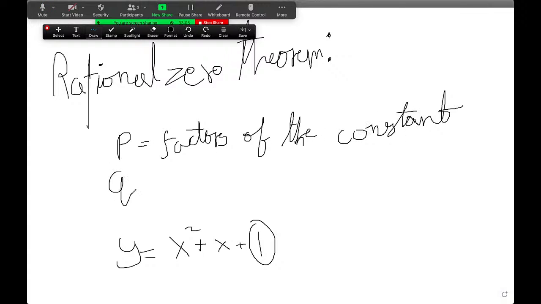And q is the factors of the leading coefficient. You see right here, this invisible space, there's a 1 over here, also over here. But this is the leading coefficient, because there's x squared, so that's the biggest exponent. This term has the biggest degree, so the leading coefficient is the coefficient of this term. So basically we'll just take the factors.